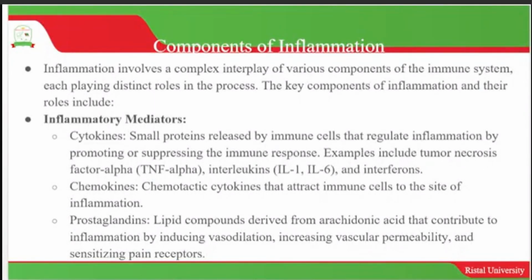And that is the reason why one of the signs of inflammation is pain at the site of inflammation, and this could be triggered by prostaglandins. And how does it do that? It induces vasodilation, which increases vascular permeability and sensitizes pain receptors, and one is able now to feel pain at the site of inflammation.